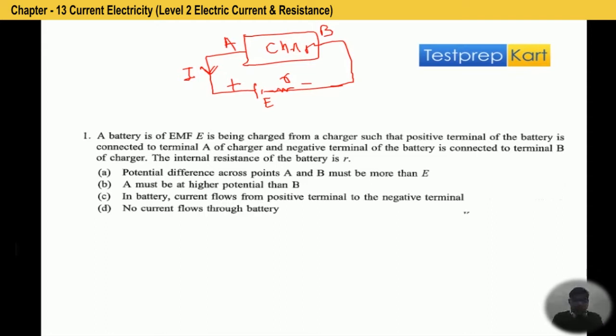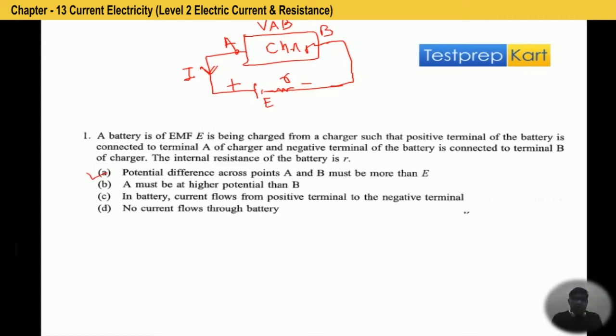Now the options are: the potential difference across points AB must be greater than E. This statement is correct, because only when VAB is greater than E will current move from terminal A towards the battery. So the option is correct.